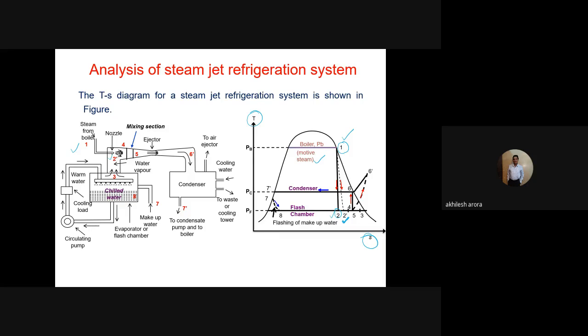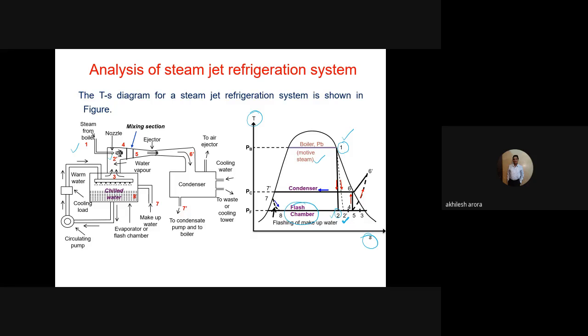Now the pressure here is low. You can see this is the flash chamber pressure, as I told you. So that means the steam is also coming out at flash chamber pressure. Rather, I would say that in an actual, practical system, the steam which is coming out from the nozzle will be at a little bit lower pressure than the evaporator pressure, so that it is easy for the steam to entrain the moisture from the nozzles.